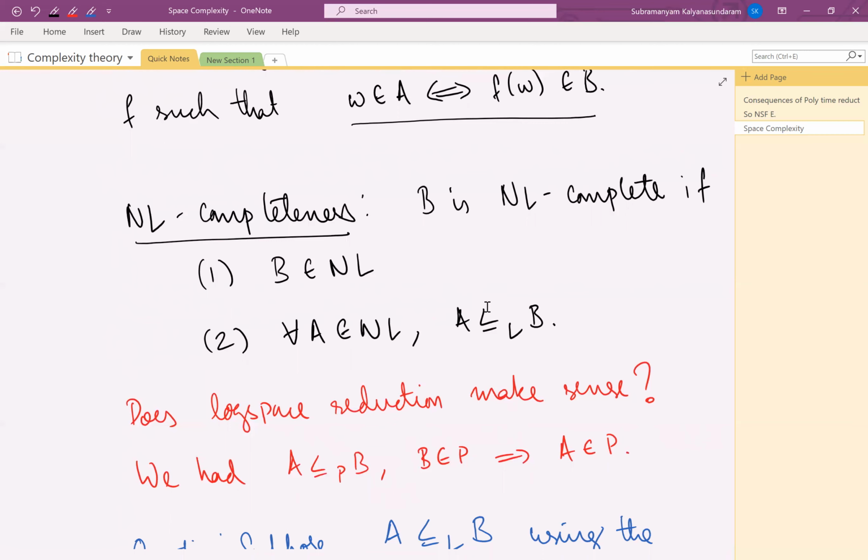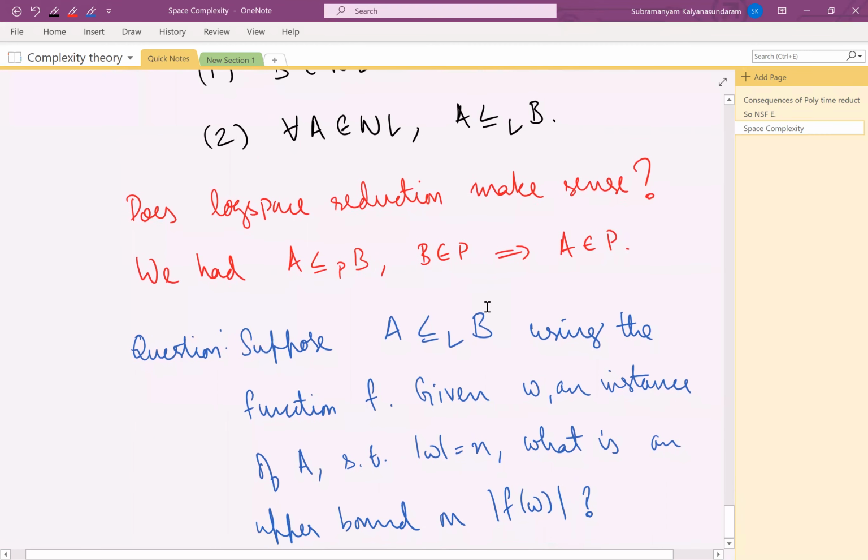Okay. Now, a couple of things. I just want you to think before seeing the next video, which I will put out in some time. So in the case of polynomial time reduction, what did we do? Given A, we reduced to an instance of B in polynomial time, and then we solved the instance of B in polynomial time. This gave a solution for A in polynomial time.